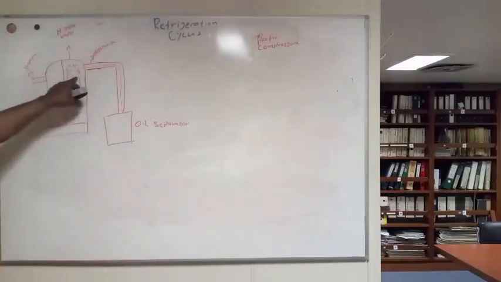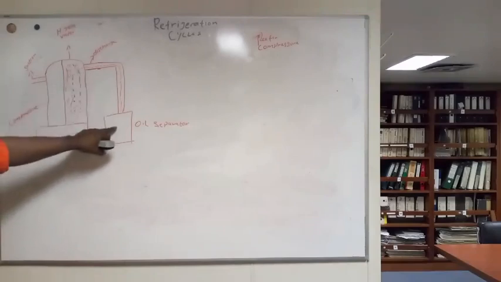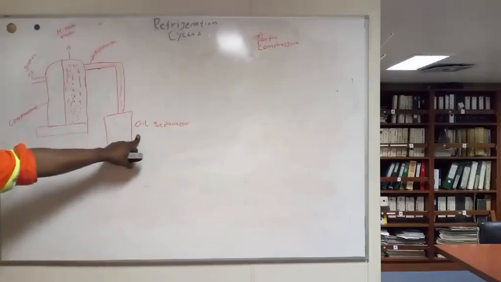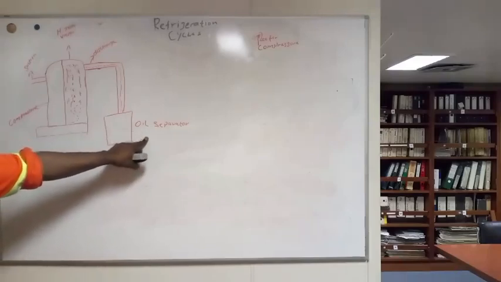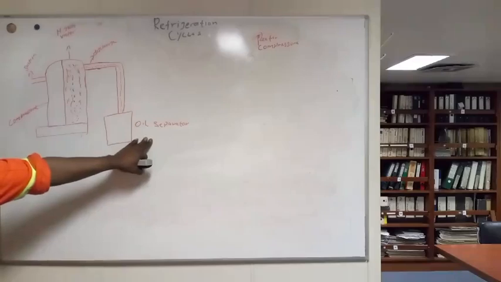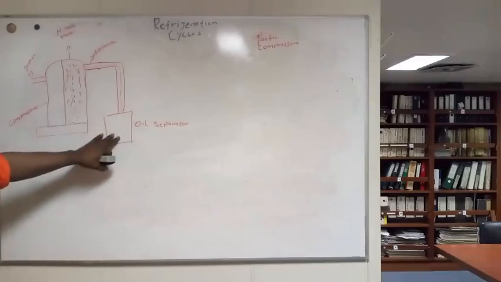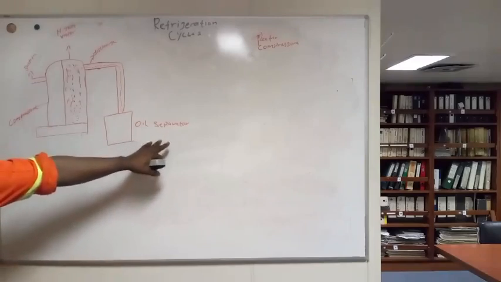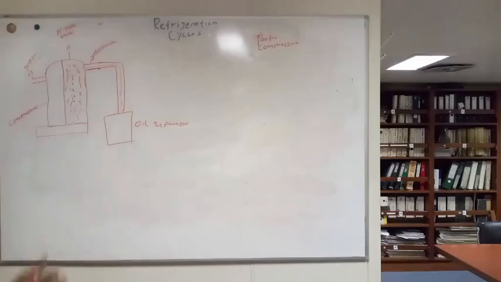The high temperature gas moves out from the compressor to the oil separator. The function of this oil separator is to separate the lubricating oil from the gas.